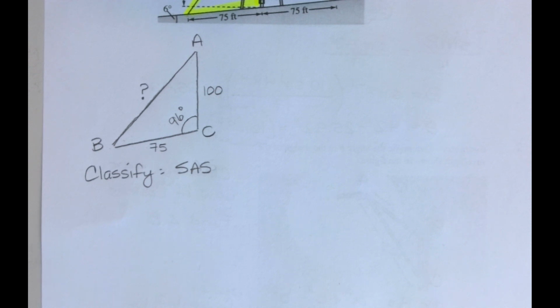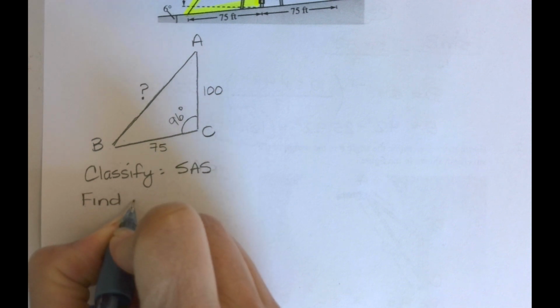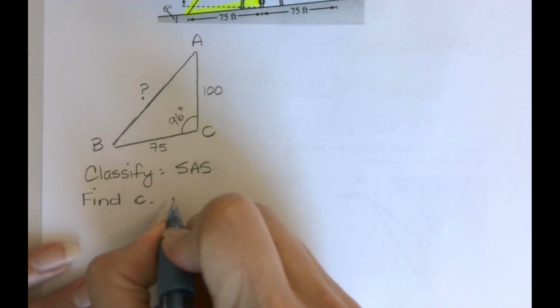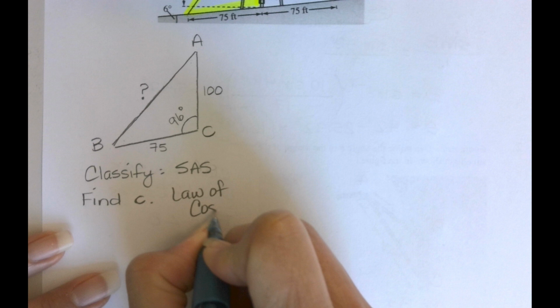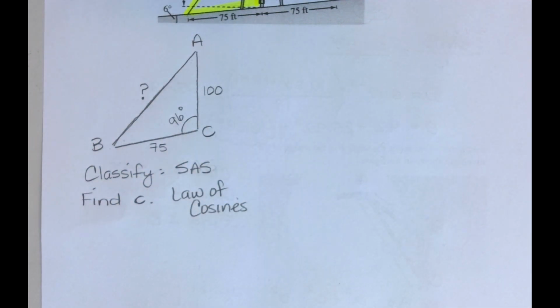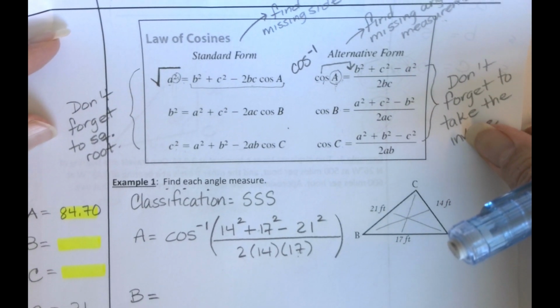So, what are we looking for? We're looking for that. So find little c. So you guys told me law of cosines, right? Are you going to use the alternative form or the standard form?